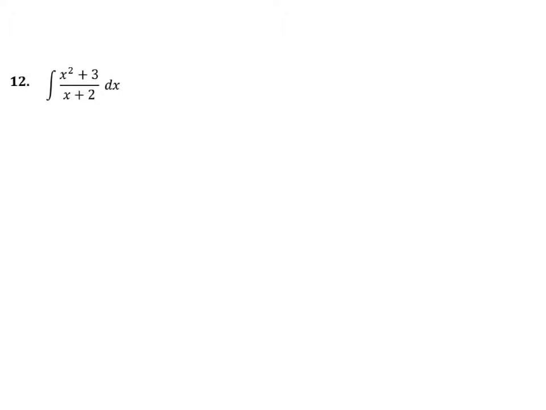Okay, with this one, we can either do synthetic division or we can do long division. I'm a fan of synthetic division when it can be used simply because it seems faster. Here we are missing a 0x. And so if we list out our terms and do our synthetic division, we have 1, and then we have 0, and we have 3.